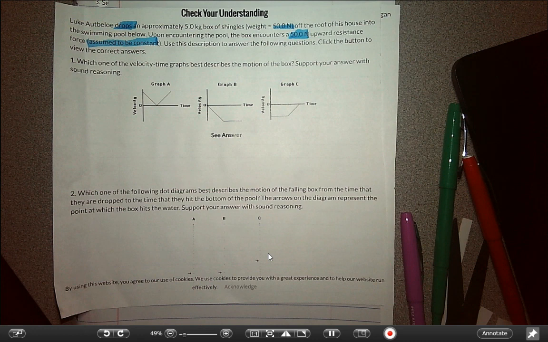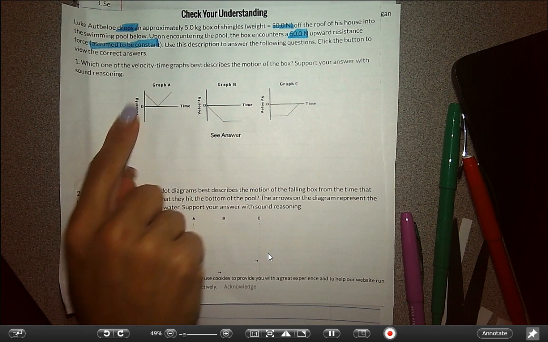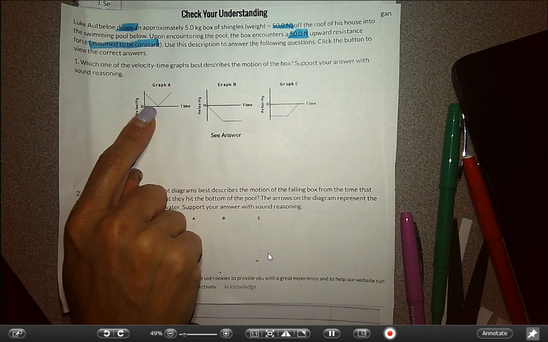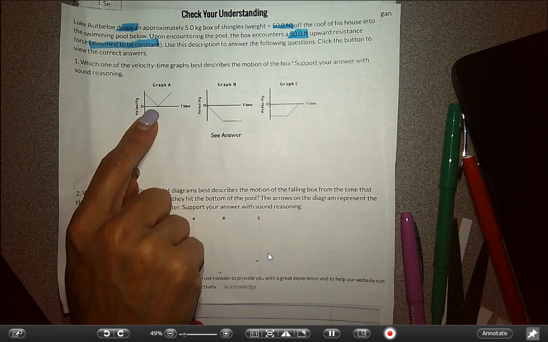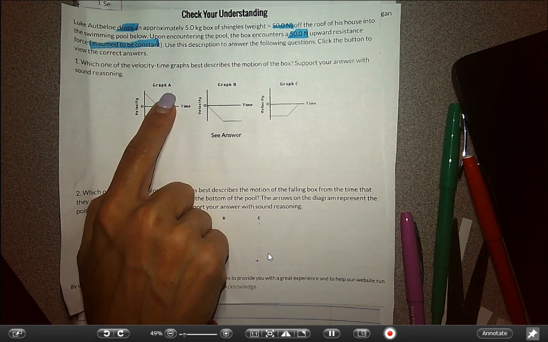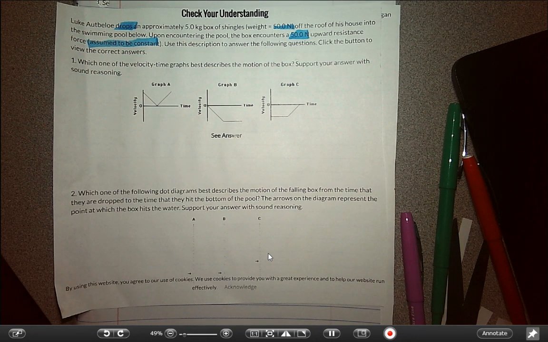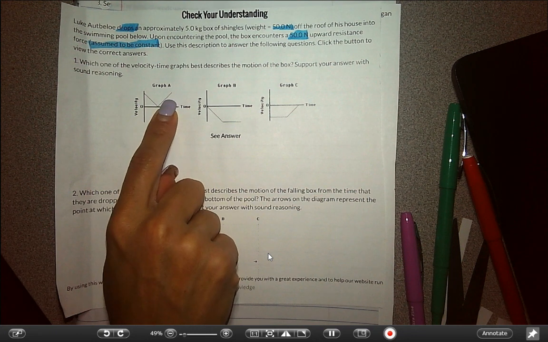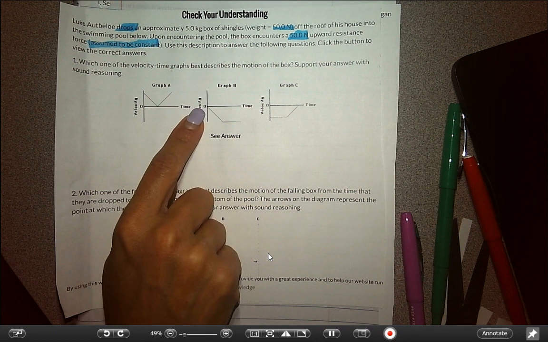If we talk about graph A, we notice that the speed started to decrease. So there was deceleration, and then the speed started to accelerate again. If we look at graph B, it dropped and then went up. Same thing for that one.